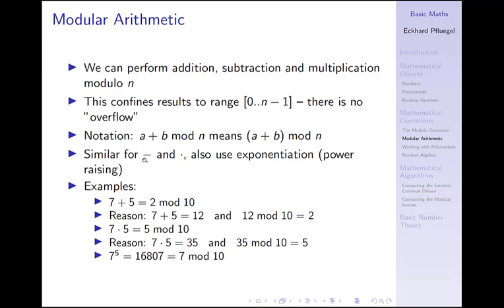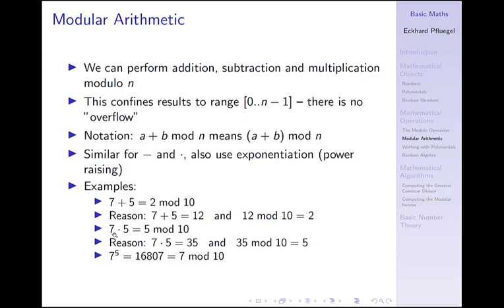Same for the minus operator, for times, and you can also use it for exponentiation, so raised to a certain power, mod n. Some examples here: 7 plus 5. So 7 plus 5 is actually 12. And then, as you know, 12 mod 10 is 2. So 7 plus 5 is 2 mod 10. That's the modular addition.